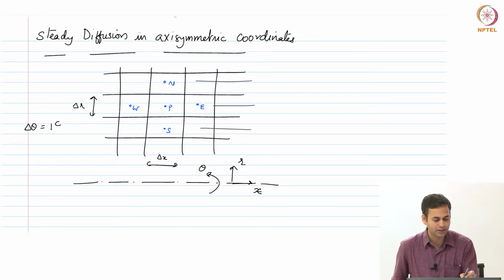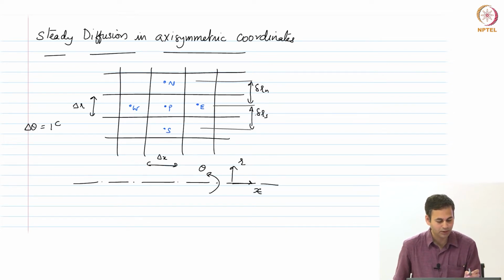We also have the distances between the cell centroids. Those are delta r north and delta r south. And the distances in the x direction between the cell centroids are delta x east and delta x west, correct.